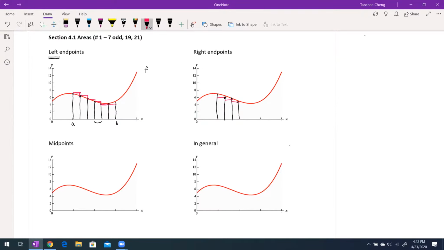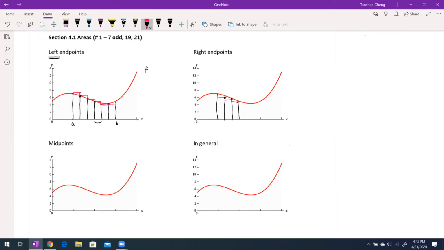So notice that using the left endpoint and the right endpoint, the estimation is different. So that's what we're going to learn here: how do we formulate these, and then how to use those formulas.